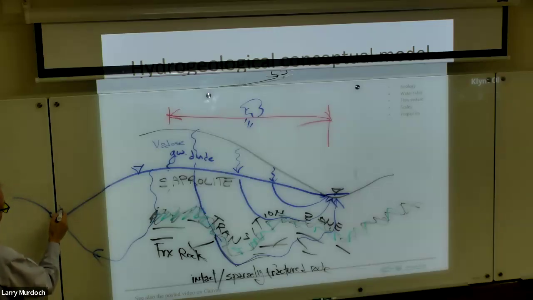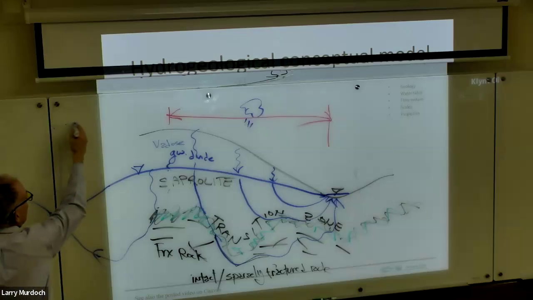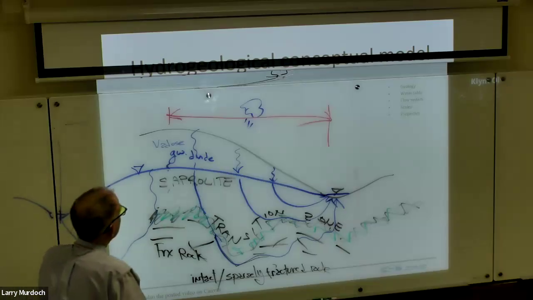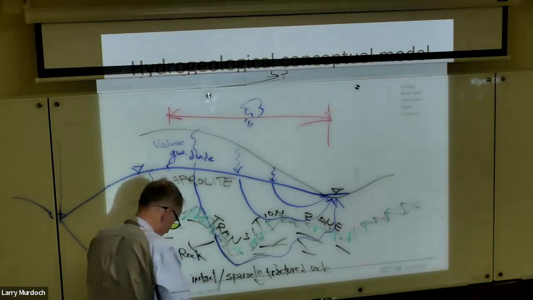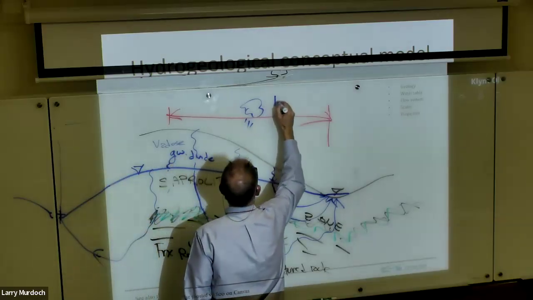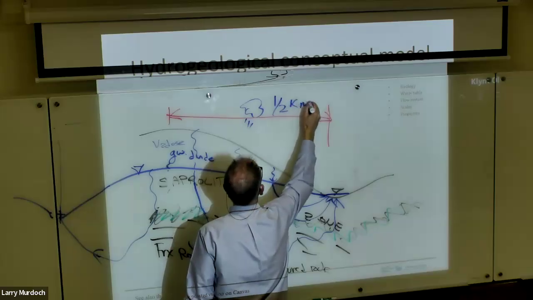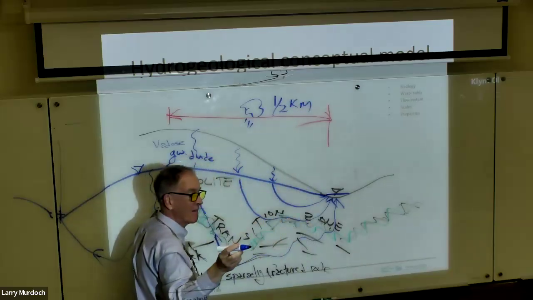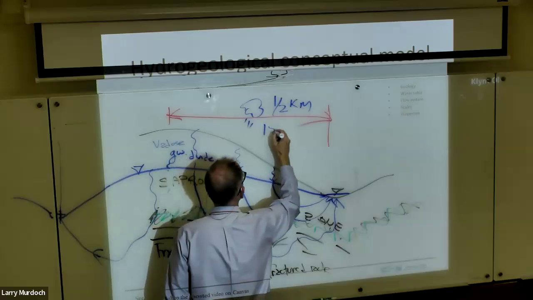So this is the neighboring stream, and what's called the drainage density, the spacing between streams in the Piedmont, is roughly 1 kilometer. Okay, so given that, this spacing here is around 1/2 a kilometer, which I guess is about 1,500 feet.